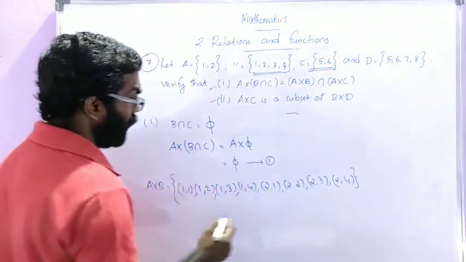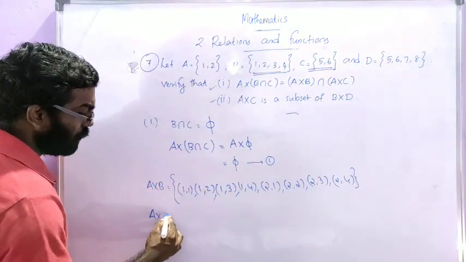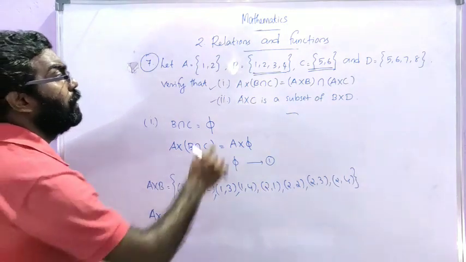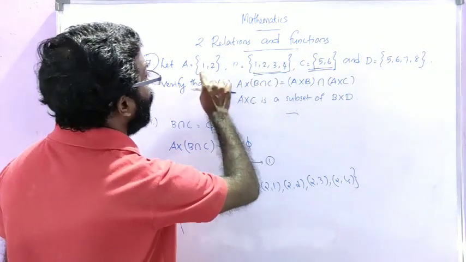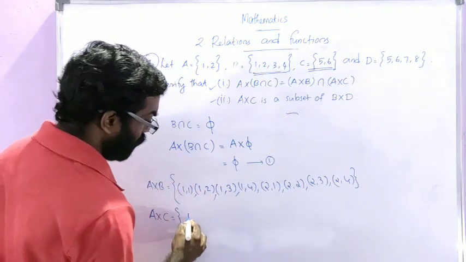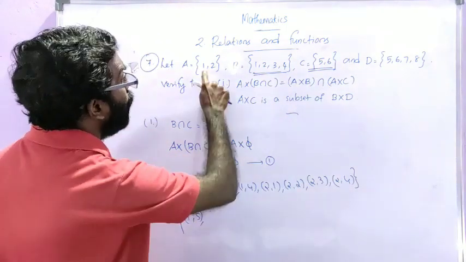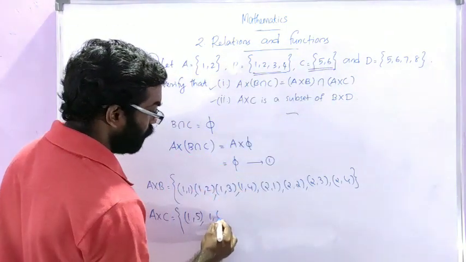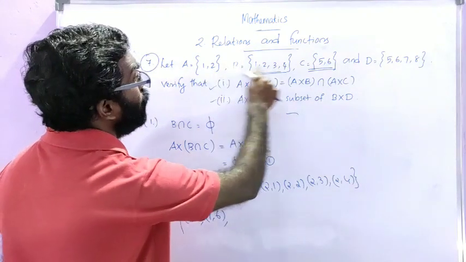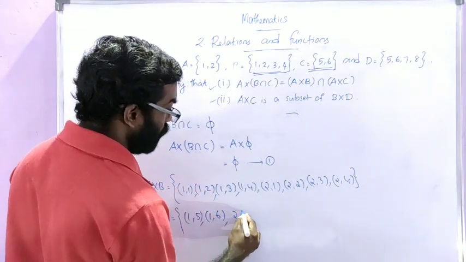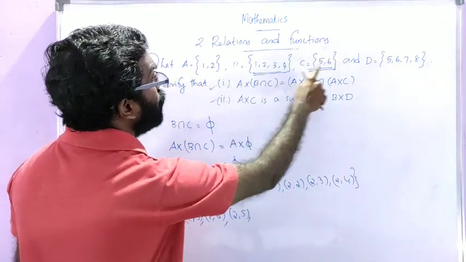Then A × C, which is equal to, take A and C: (1,5), (1,6), (2,5) and (2,6).